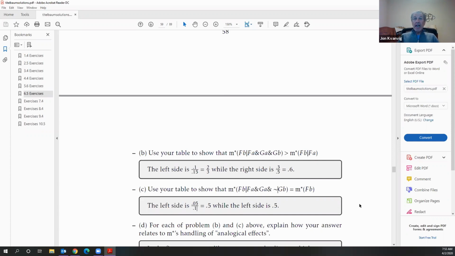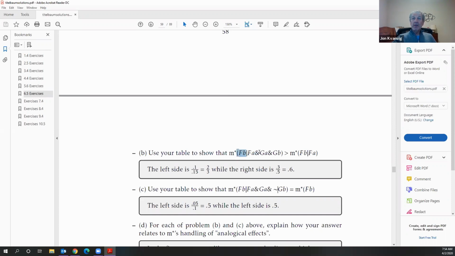We argue by analogy for a certain conclusion. Well, M dagger didn't do very well with learning from experience of any sort. M star at least does a bit better at learning from experience.